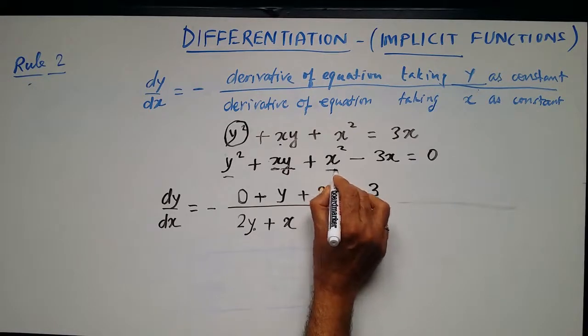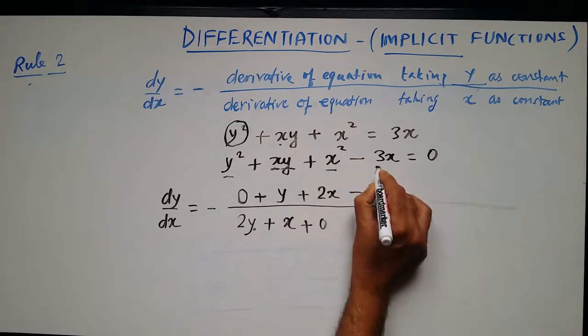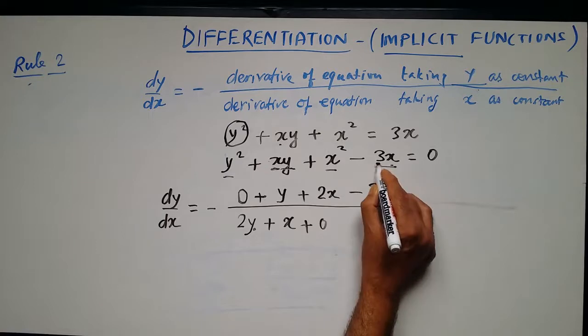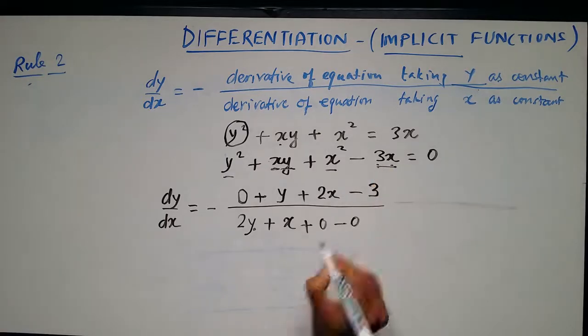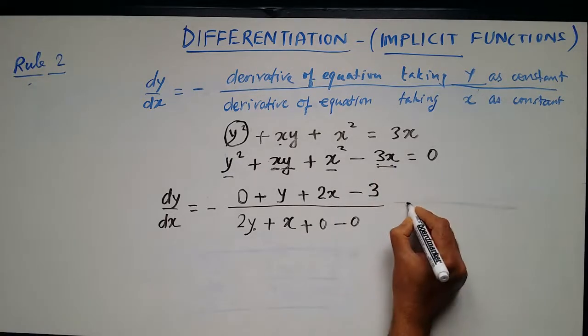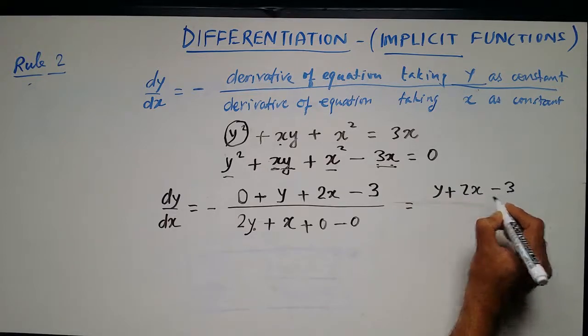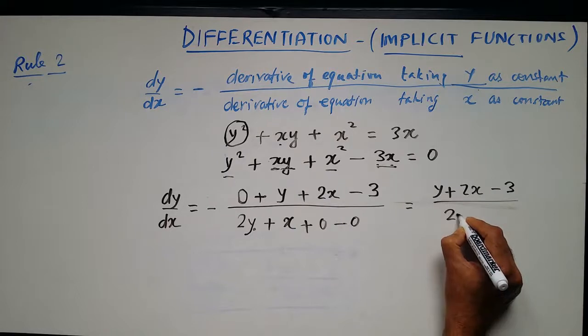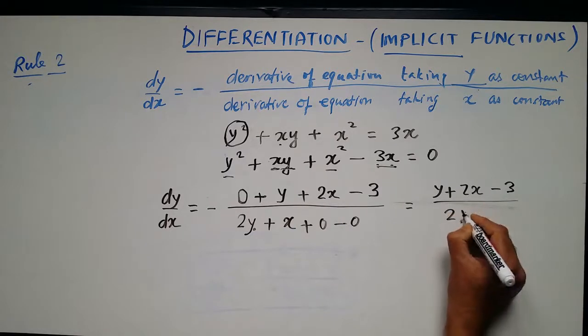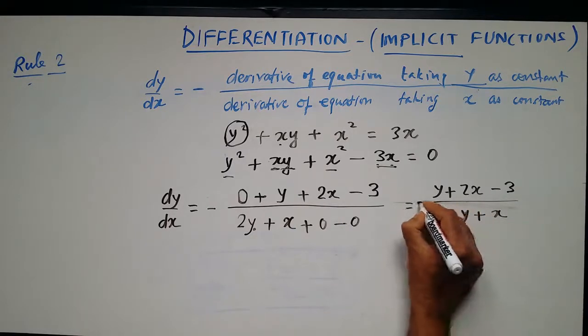Now x is a constant, so this becomes 0. Since x is a constant and this is a constant, this expression is 0. Okay, so we get y plus 2x minus 3 upon 2y plus x with the minus sign.